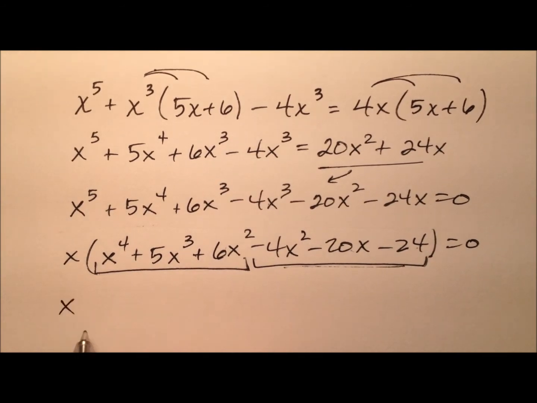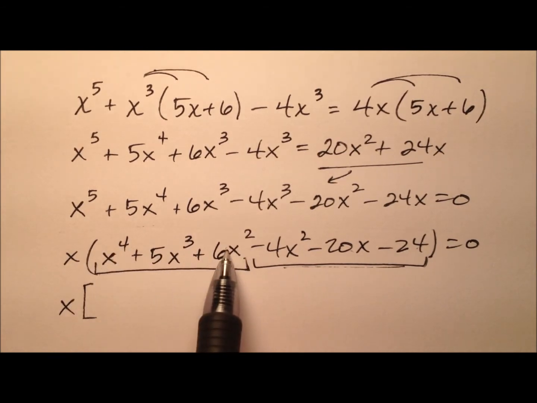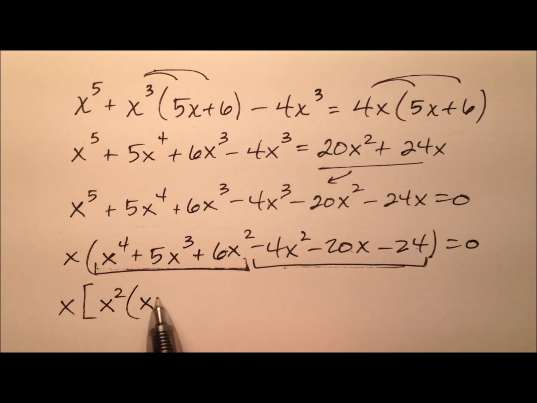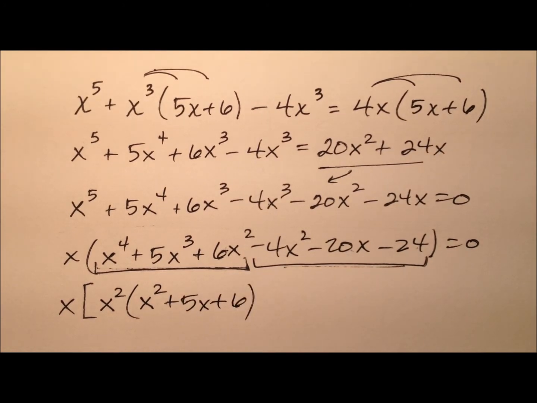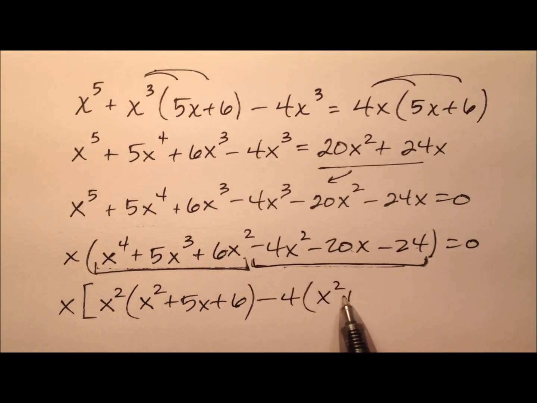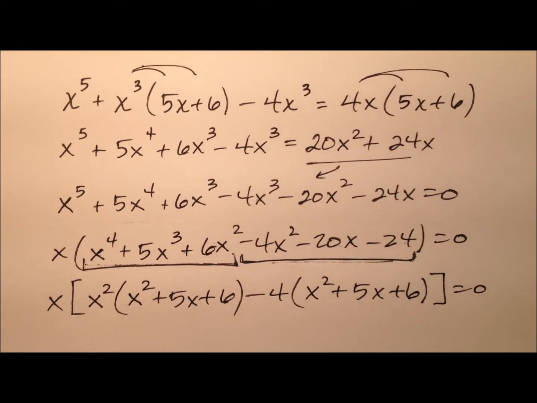Okay, so I have this x, which is my greatest common factor, and let's go ahead and tackle these problems now. So it looks like in this first set of 3 terms, I can pull an x squared out. And when I do that, I'll have x squared plus 5x plus 6. And for my second group, it looks like I can pull a negative 4 out. And I will have the same thing when I divide that all out of those terms.